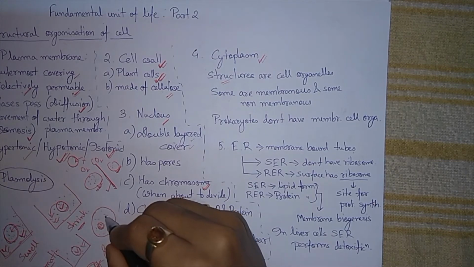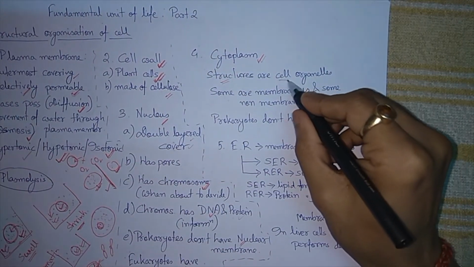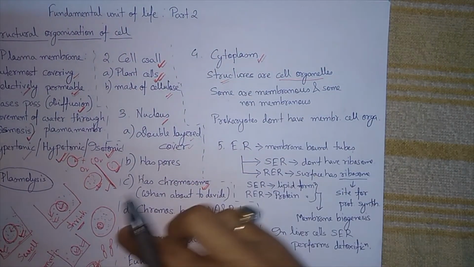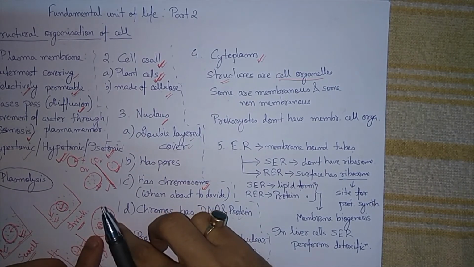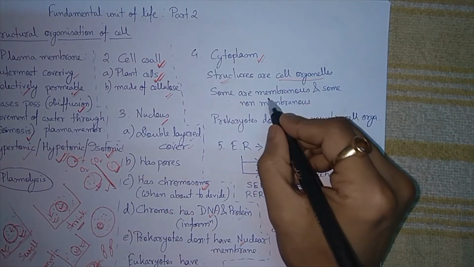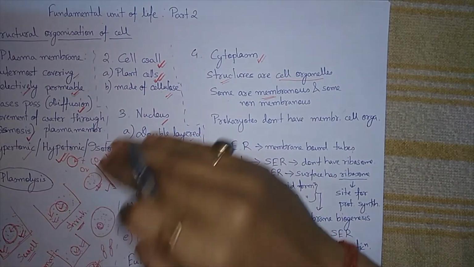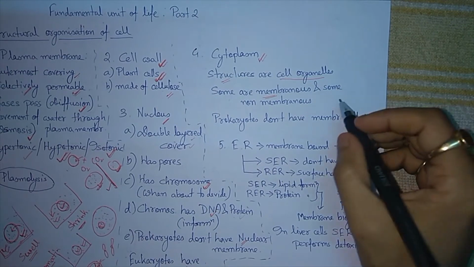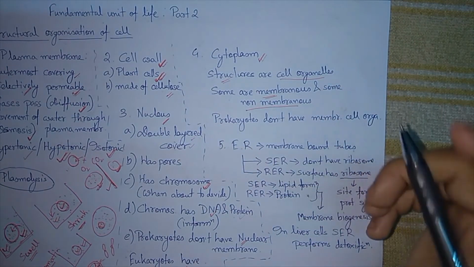So they have some cell structures known as cell organelles. Okay. There are many cell organelles in cytoplasm. In a cell, some cell organelles have membrane, means some cell organelles have covering, and some cell organelles do not have covering or do not have membrane. Okay.